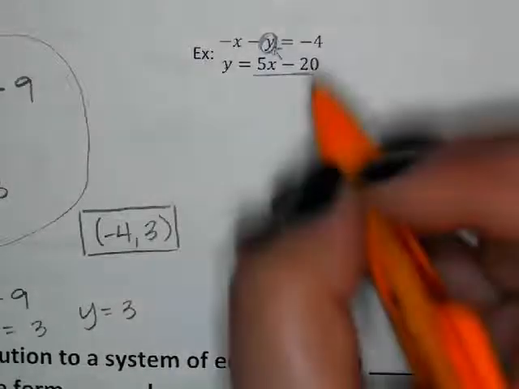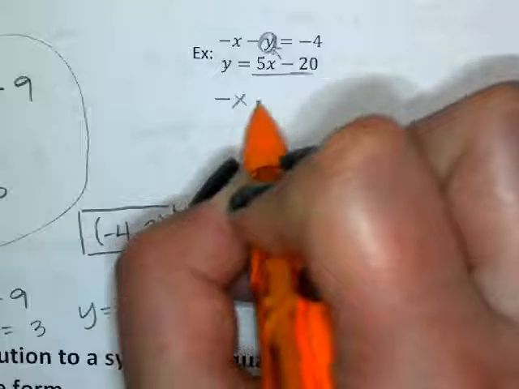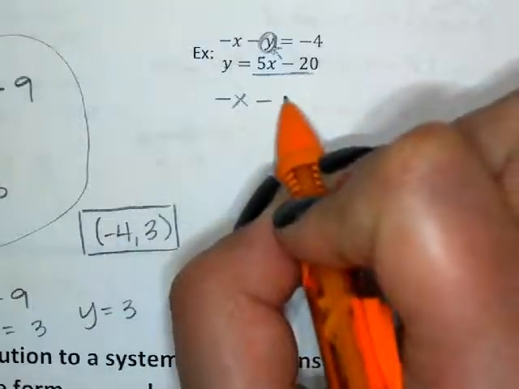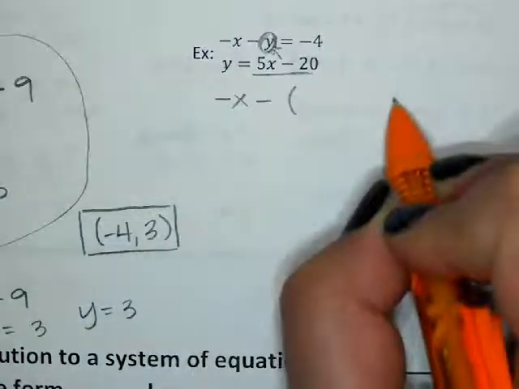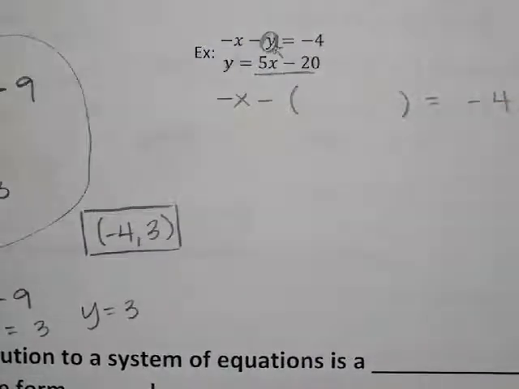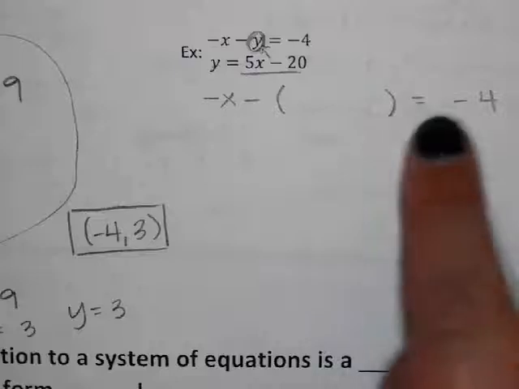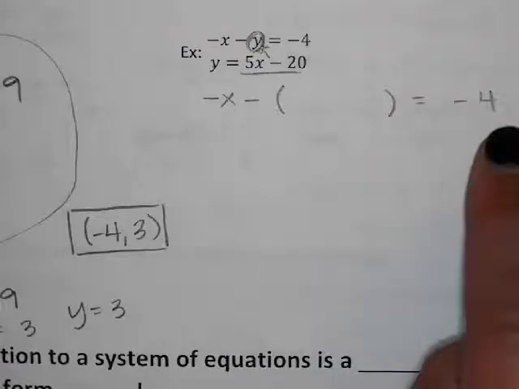So negative x minus y equals -4. So instead of writing the y, I just put parentheses there instead. And then in the place of the y, where I put the parentheses, now I can go back and put 5x minus 20.